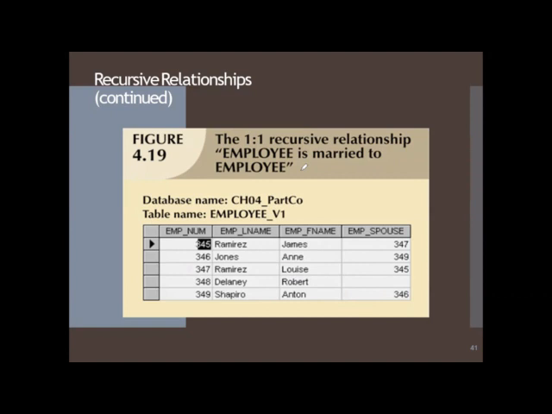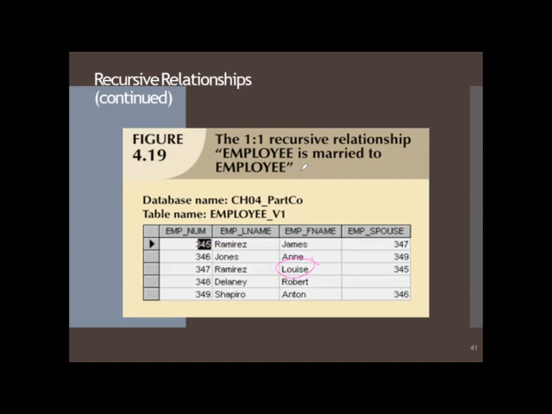We can see the employee number and employee spouse. And we can see 347 is employee last name Ramirez and employee first name Luis.